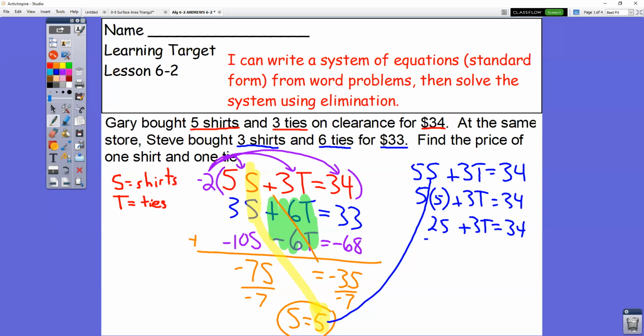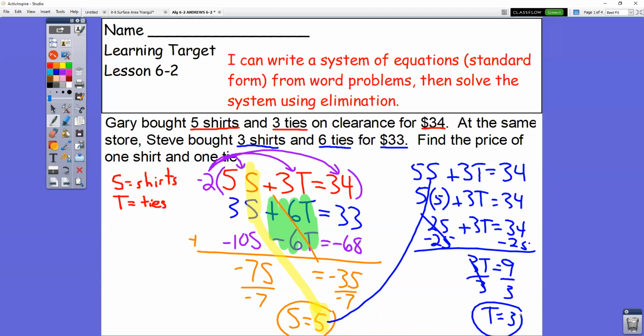Now it's just a two-step equation, minus 25 minus 25. So I have 3t equals 9, divide by 3, divide by 3, and we get that t equals 3. So the price of one shirt was $5. The price of one tie was $3.